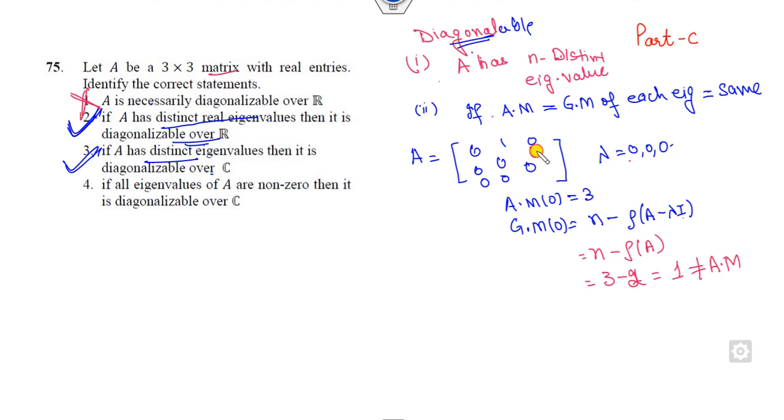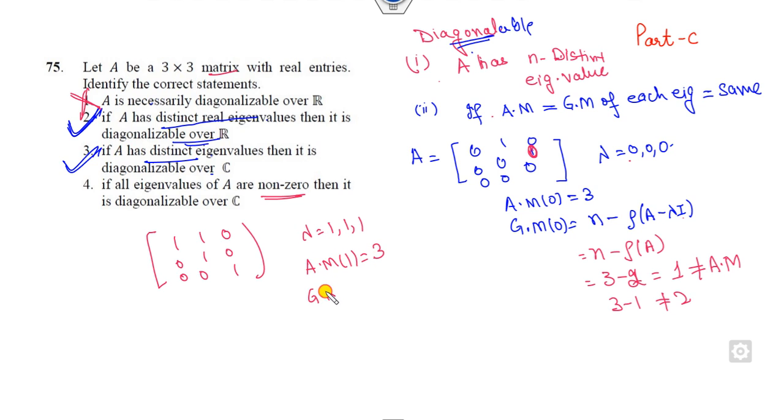Or if you think about this one, then the rank will be 1. Then again it will not be diagonalizable. If all the eigenvalues are non-zero, then again you can think about this example. Say 1, 1, 1, 0, 0, 0. Say 1, 0, 0. What are the eigenvalues? 1, 1, 1, which are non-zero. The algebraic multiplicity of 1 is 3.